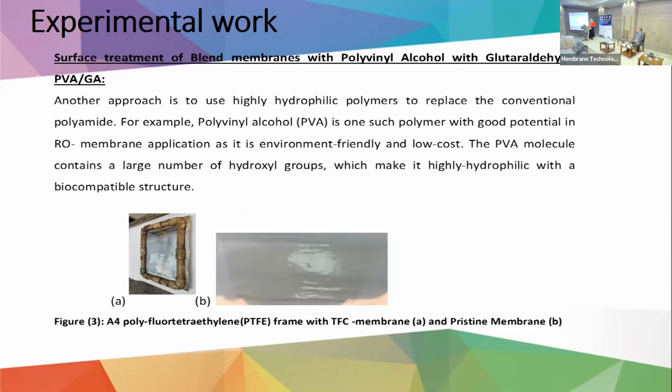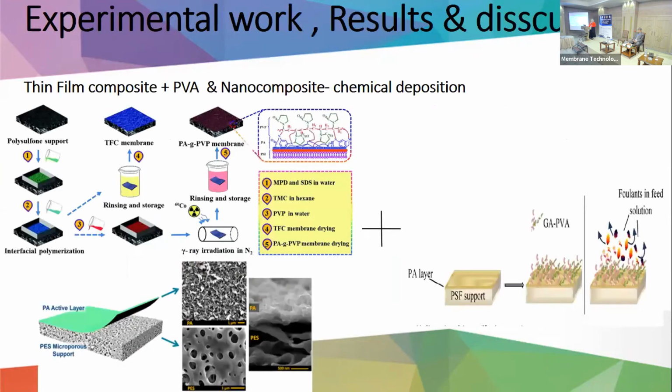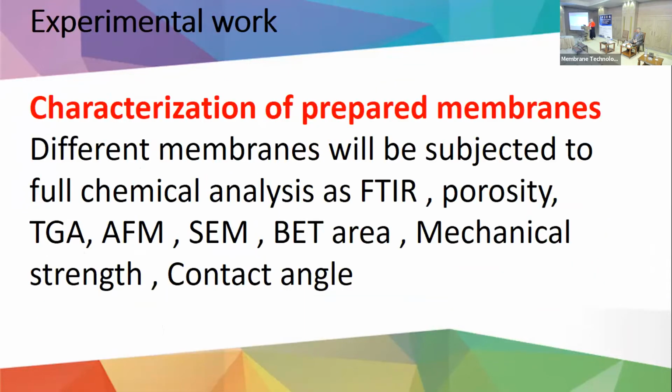Also in this work, we tried the effect of polyvinyl alcohol with glutaraldehyde and layer by layer deposition, to study the effect of more than one layer deposited over the membrane surface and the effect on the fouling and the flux produced from these membranes.